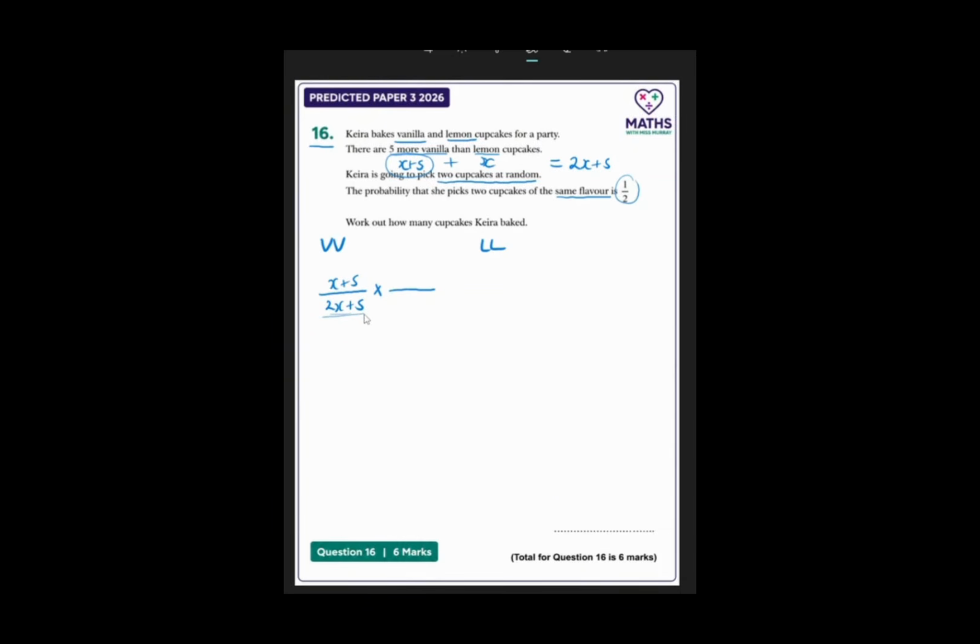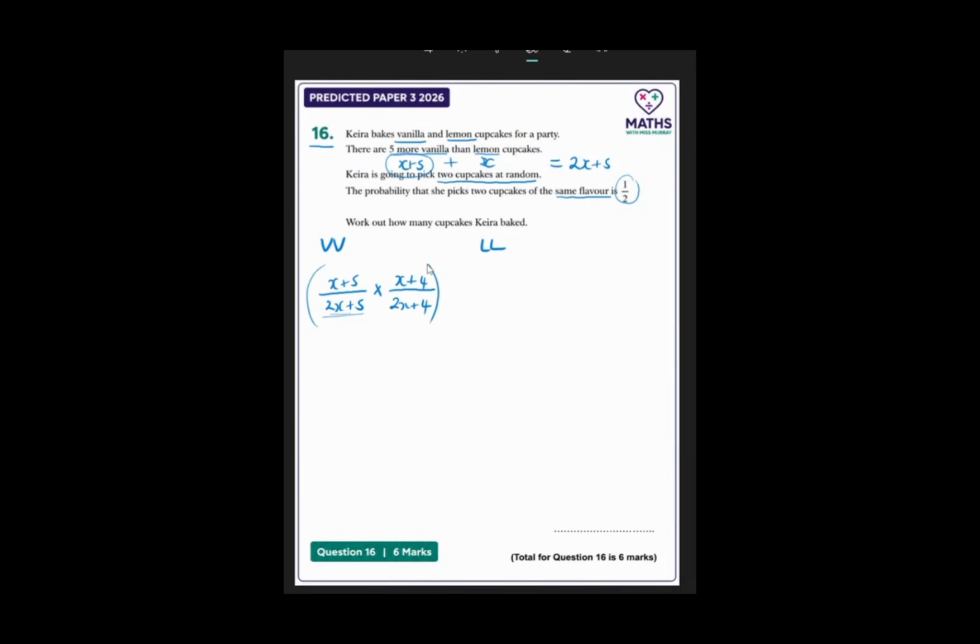Therefore, there is one less when she goes to pick the next one. So it's going to be 2x add 4, which is one less because I picked a vanilla the first time. So there's one less cupcake. And if I picked a vanilla the first time, the number of vanillas will have also gone down. So instead of being plus 5, it's going to be plus 4. So that is the probability there of getting vanilla, vanilla.